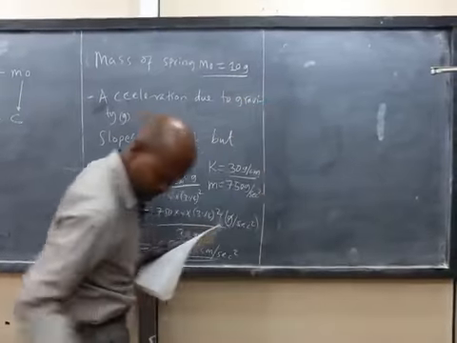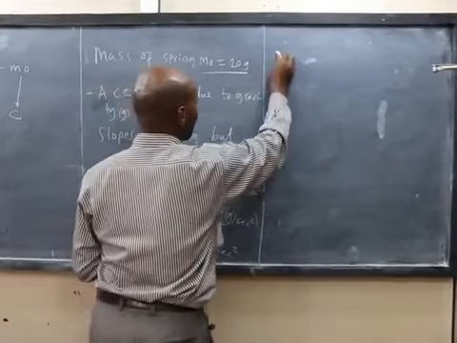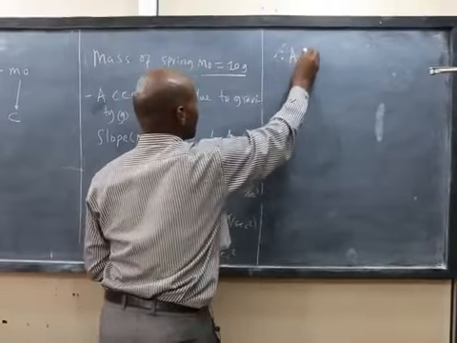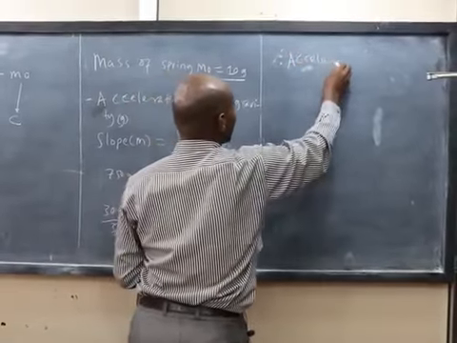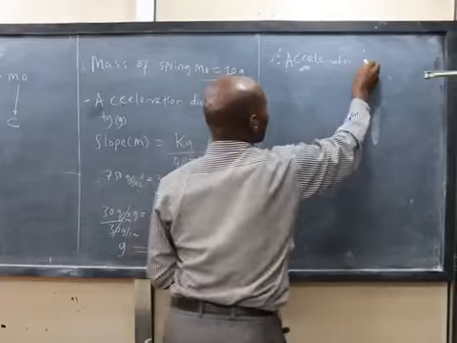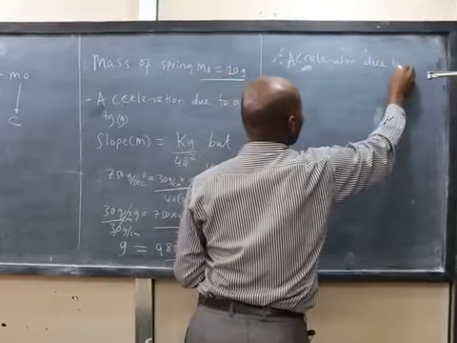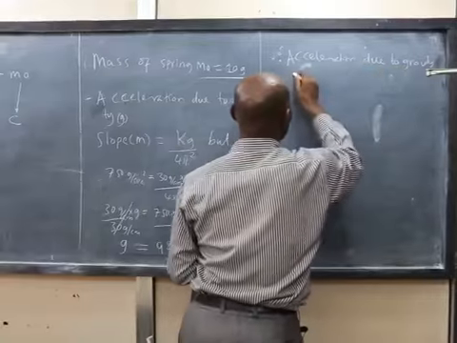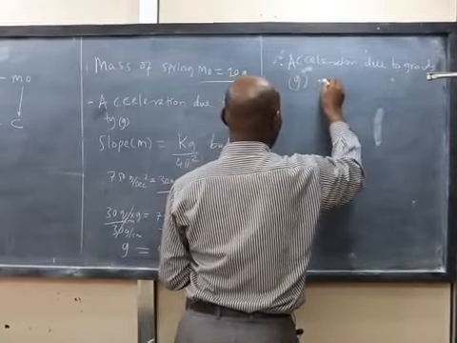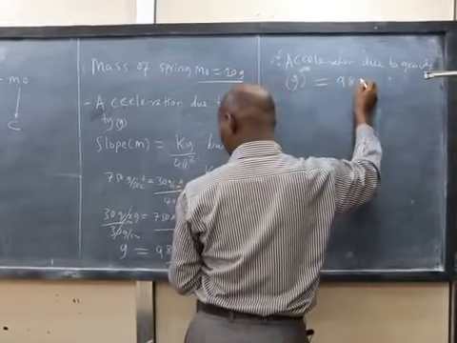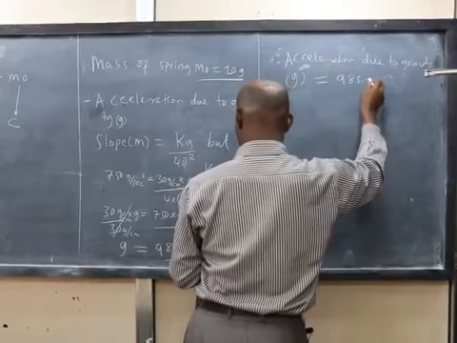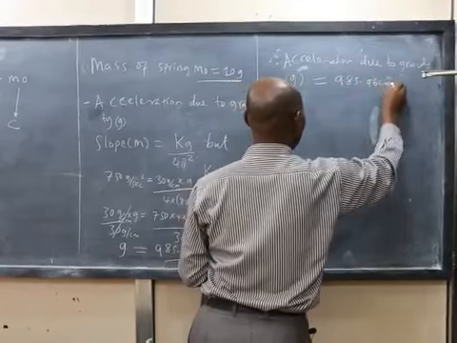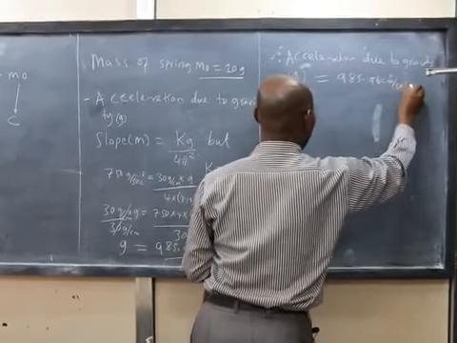Therefore, the acceleration due to gravity G is equal to 985.96 centimeter per second squared.